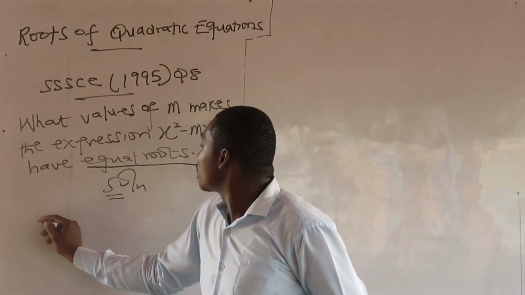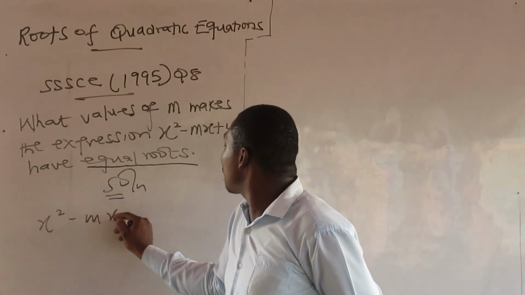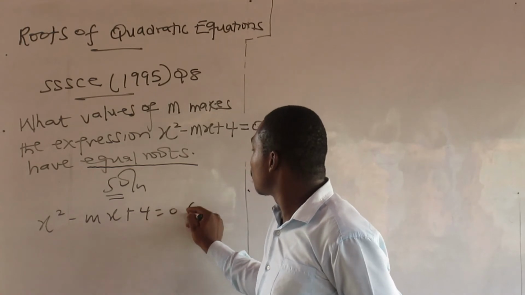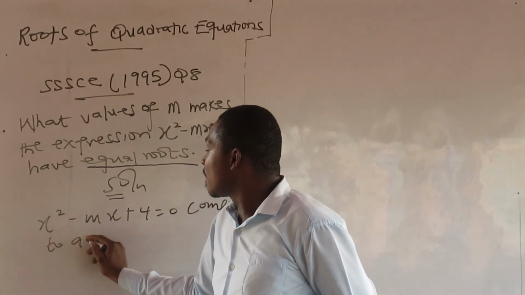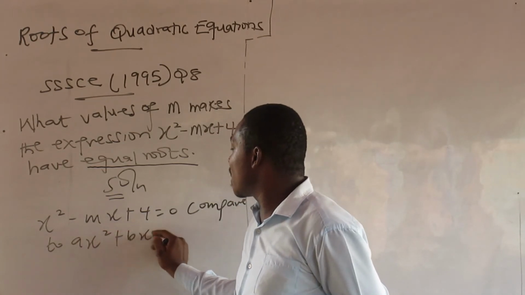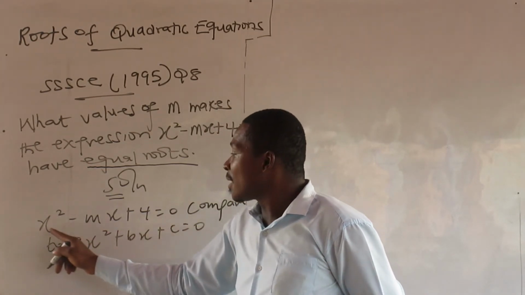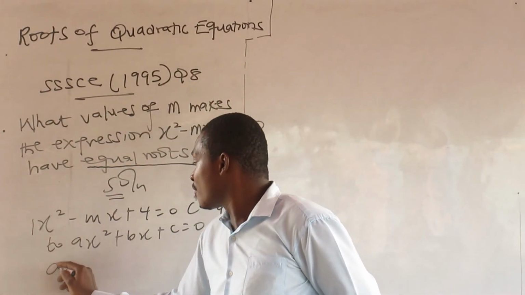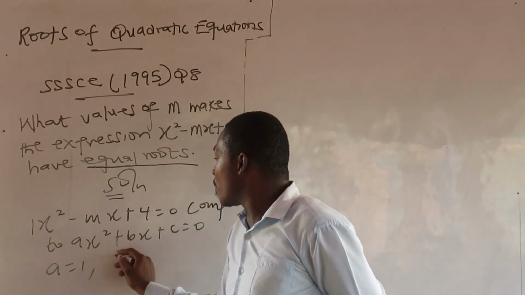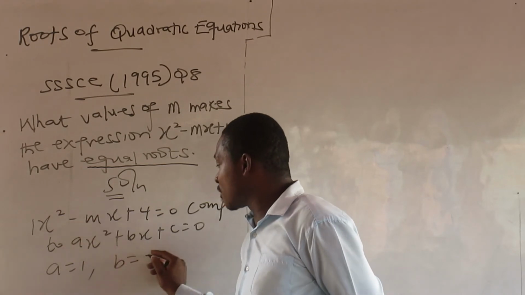So I have x squared minus mx plus 4 equals 0. You compare to what? Ax squared plus bx plus c equals 0. Now, your A happens to be 1. Now, your B is negative what?